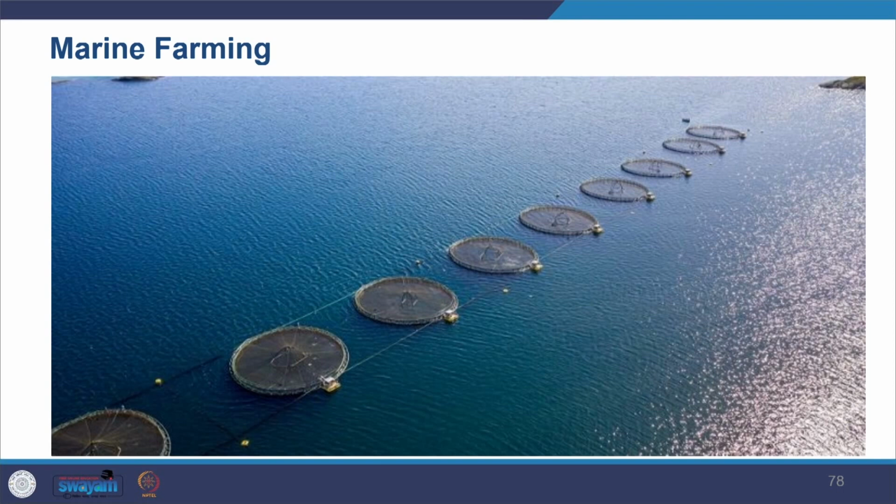And then water abstraction also has an impact. Water abstraction leads to saline water intrusion, and saline water intrusion can have other kinds of impact. It can lead to pollution in the seawater.